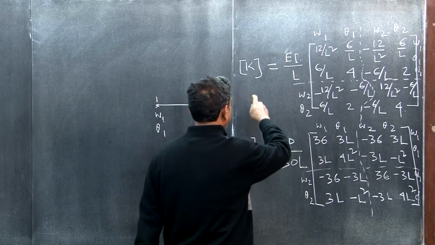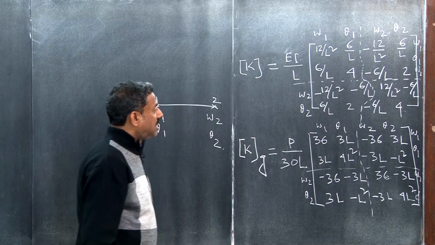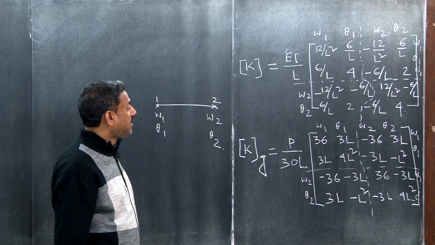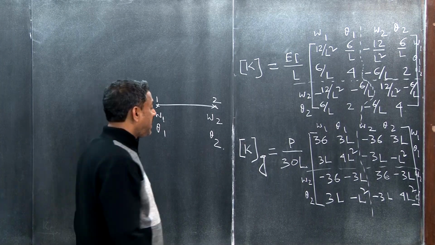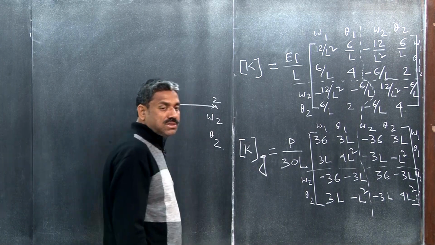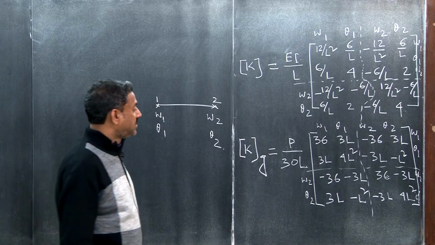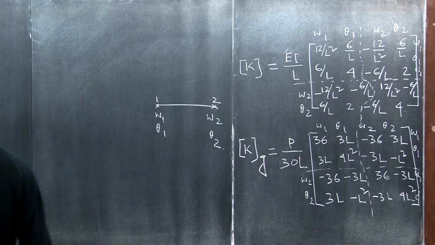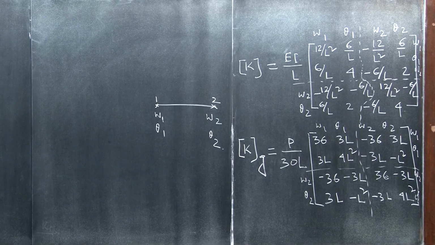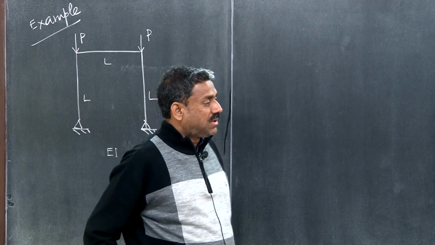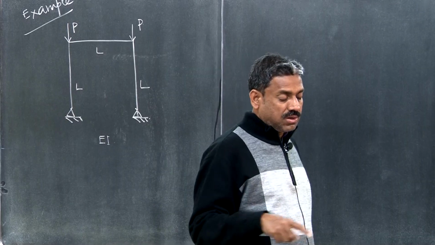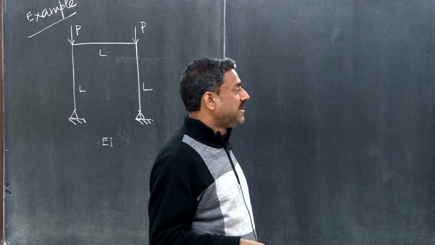This was the stiffness matrix contributed from elasticity of the beam column element, and the additional thing required for buckling is the geometric stiffness matrix. So these terms we have once again written here. Then we will solve. We have also demonstrated this with a simple example of the cantilever beam column, or any boundary condition, say fixed hinge.